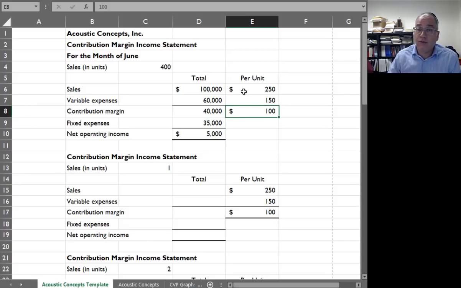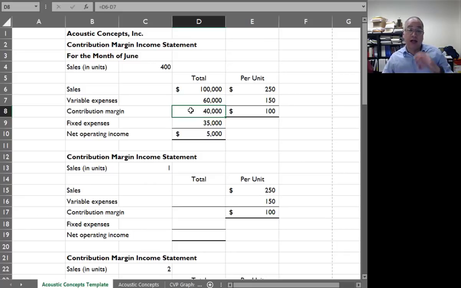So if you sell 400 units, sales would come to $100,000. Variable expenses would be 400 times 150, or $60,000, and contribution margin would be $40,000. This $40,000 contribution margin covers $35,000 in fixed expenses, giving you net operating income of $5,000.